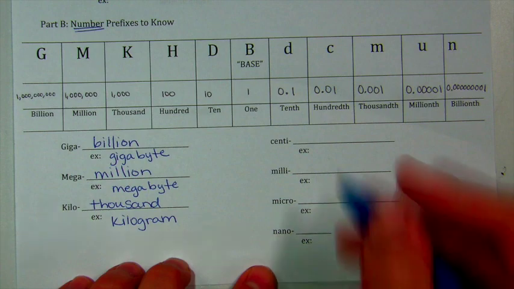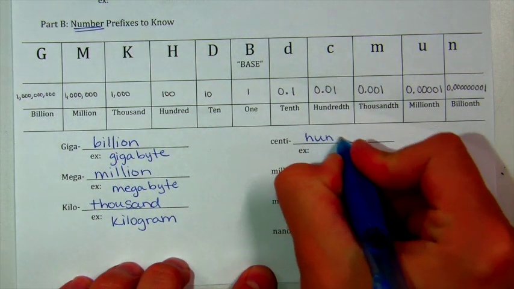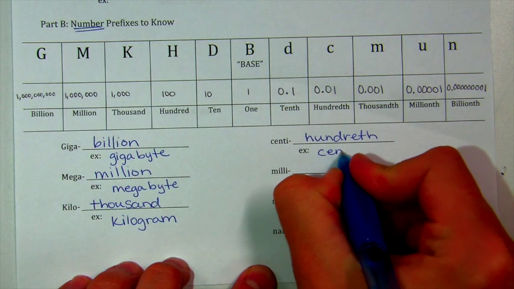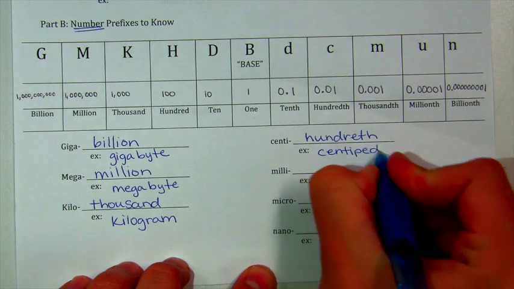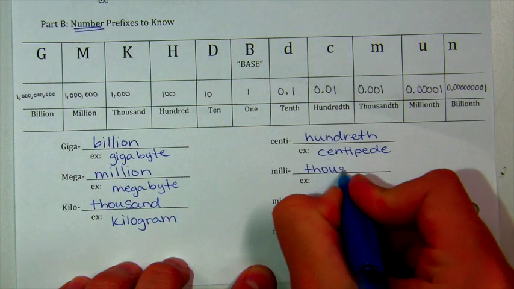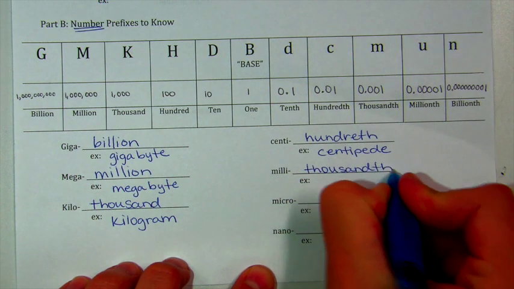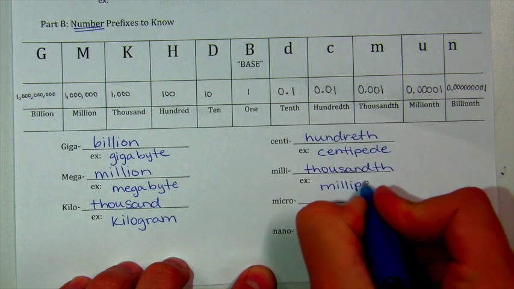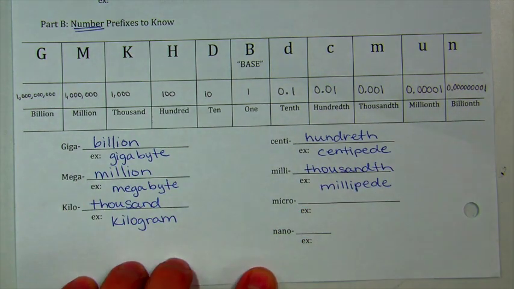Centa means hundredth, like a centipede. Milla means thousandth, like a millipede. By the way, not so important that you learn the examples right now, but that you learn the meaning of each of the prefixes and suffixes on this sheet.